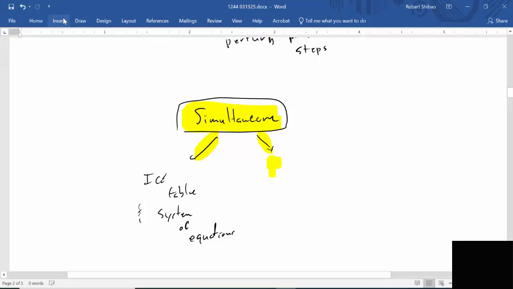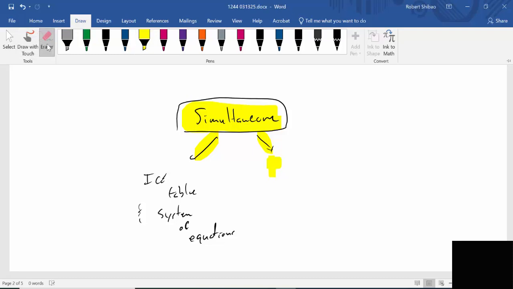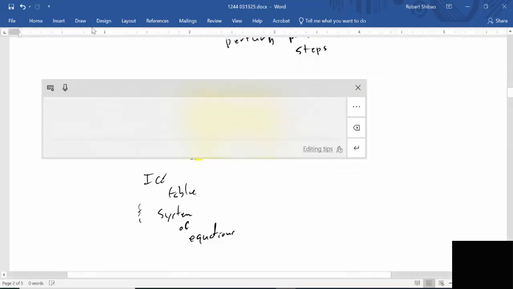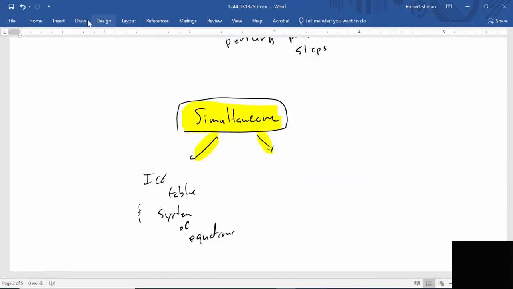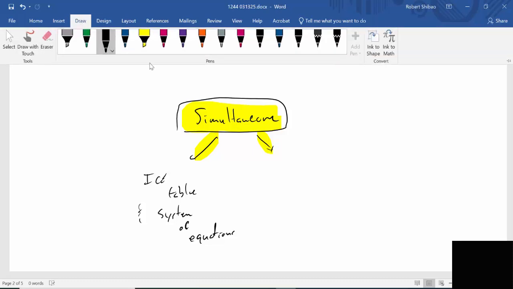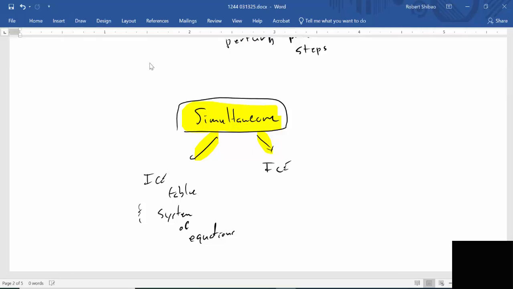We use ICE plus we generate additional equations past that. And so we'll do ICE plus what we call mass and charge balance, plus a system of equations.